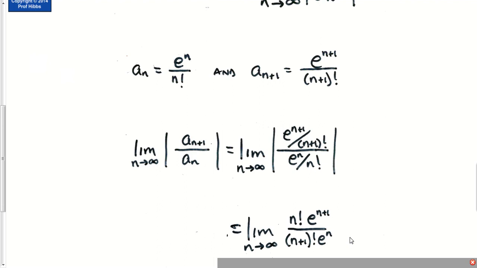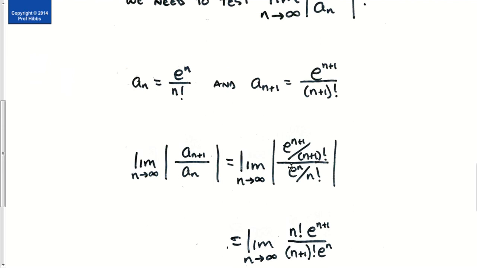By the way, in this case, we can assume n is positive, since we're going to infinity. And so the absolute values are really not applicable here, are they? Everything's positive, so we can eliminate the absolute values. And then when we simplify this fraction, dividing by a fraction is the same as multiplying by the reciprocal. So I'd say reciprocate and multiply. The n factorial ends up in the numerator, and the e to the n ends up in the denominator.